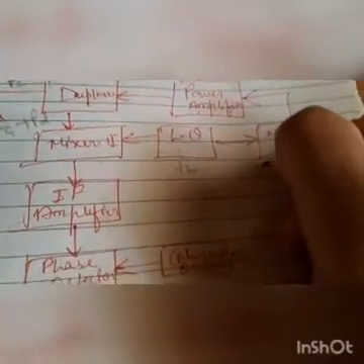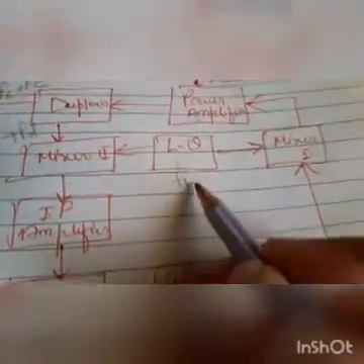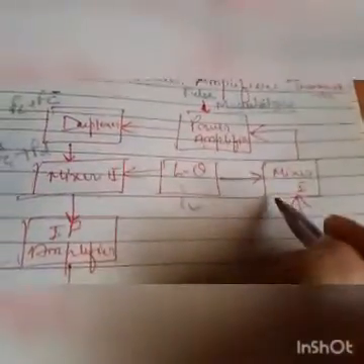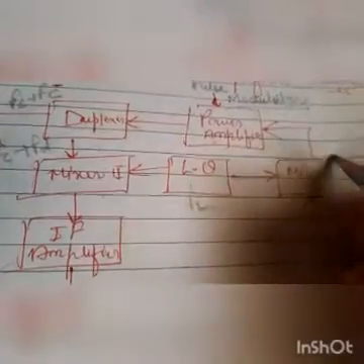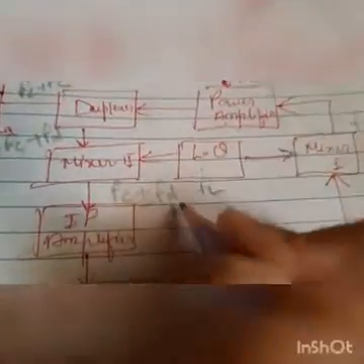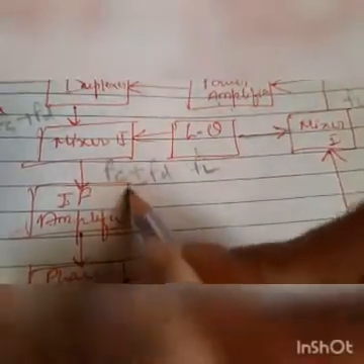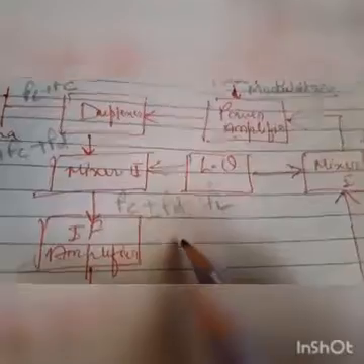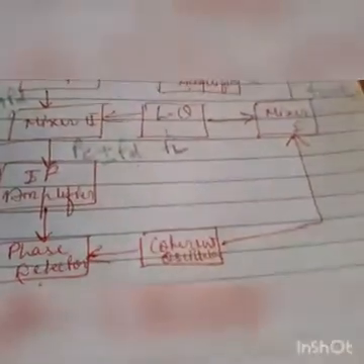The mixers work on the sum and difference of the signals. Mixer 1 produces a signal FL plus FC, and mixer 2 will produce FC plus or minus FD. Okay, why?